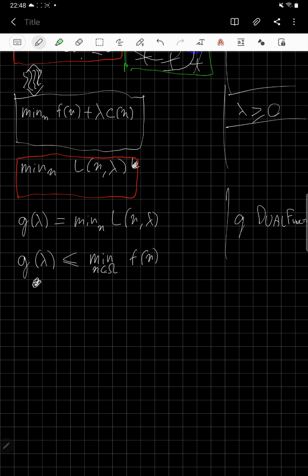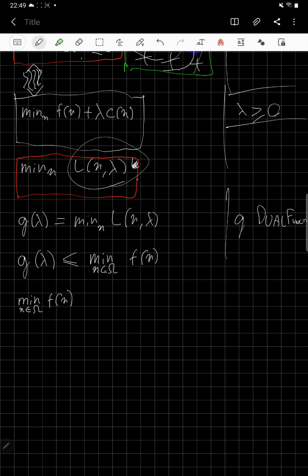The solution of the auxiliary problem is going to be smaller than the solution of the actual problem that we're interested in. Why? Well, this is the solution that we look for. Now, we're going to obtain, let's say, an even better minimum if we subtract a negative number, right? Or if we add a negative number.